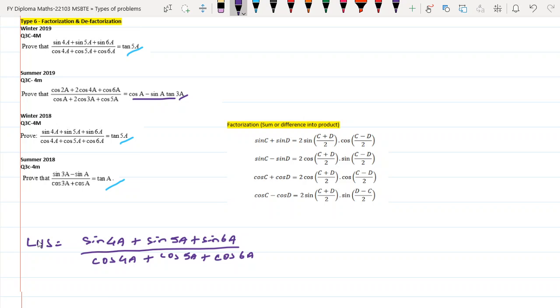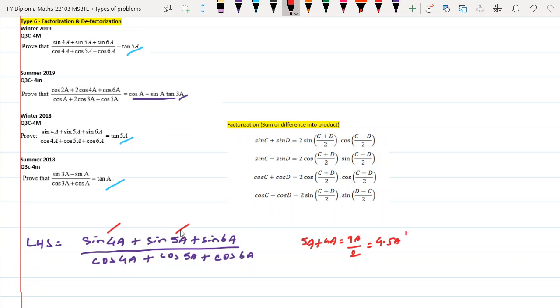So in this case, if you take 5a and add 4a, it will give you 9a, and if you apply this formula, it will become 9a by 2, which is 4.5a.